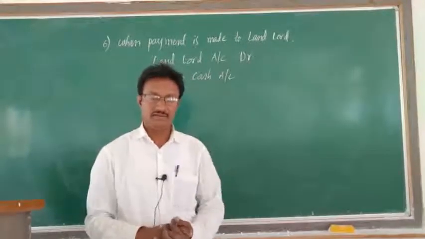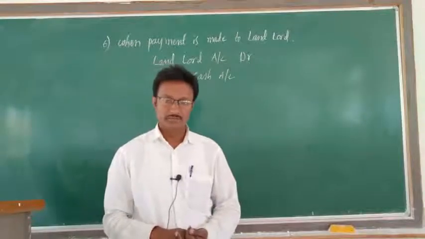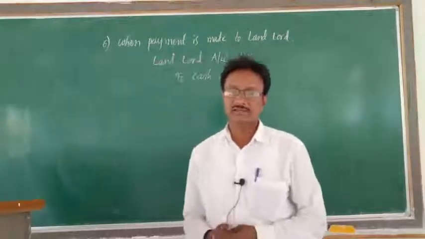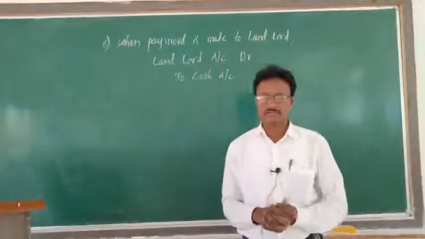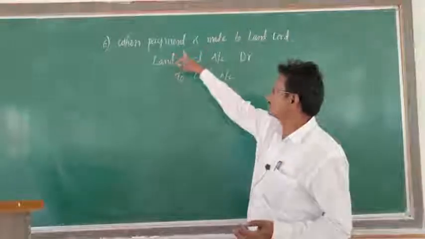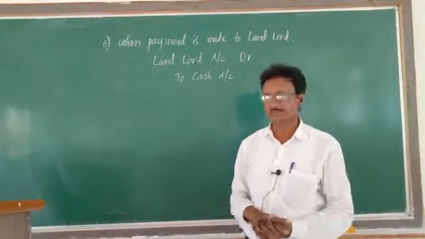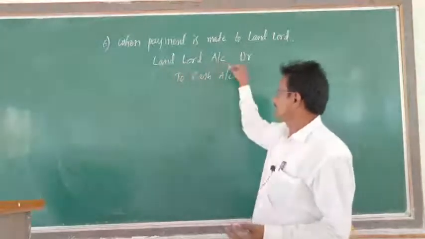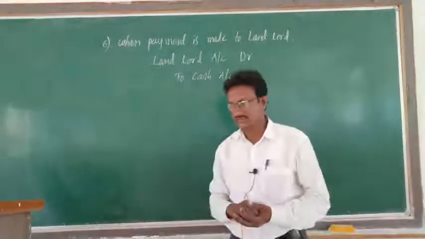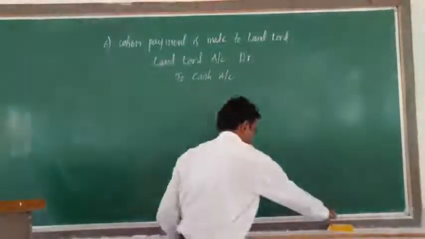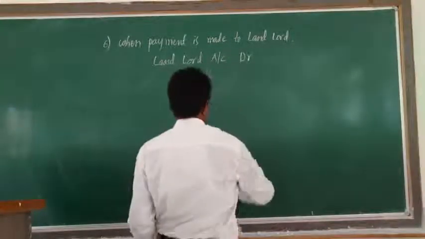Another entry will be passed when the amount is paid to the landlord. So, when payment is made to landlord, the journal entry will be landlord account debit to cash or bank account.